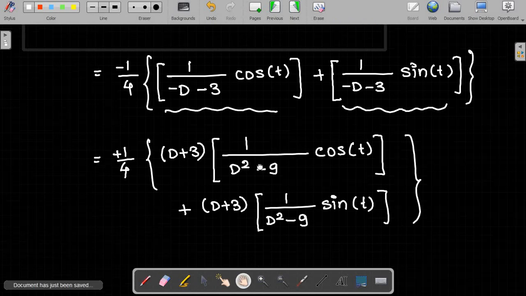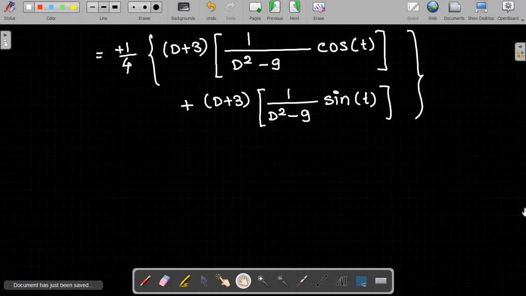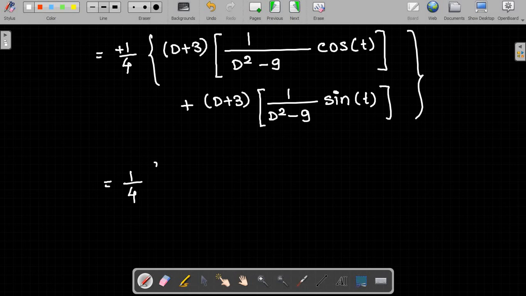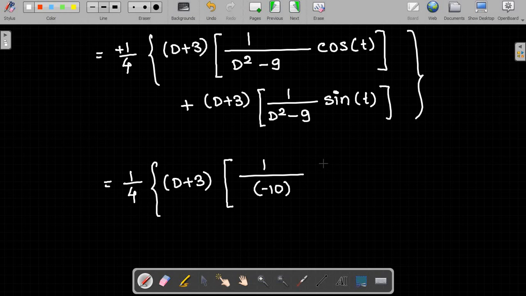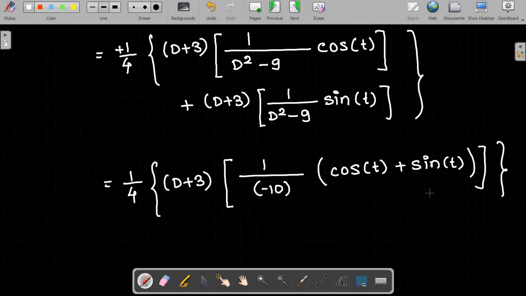After replacing D square by minus 9, we get, so it is equal to 1 upon 4. This is D plus 3 times 1 upon minus 10 into cos t plus sin t as it is.